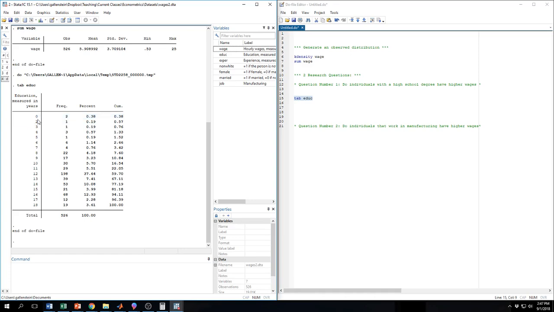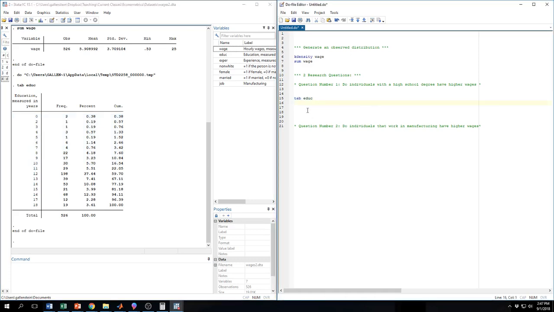So 0 years of education, 2, 3, 4, 5. Okay, now let's think about this. Individuals that have 12 years of education or more are the ones with a high school degree. Individuals with 11 years of education or less are the ones without a high school degree.